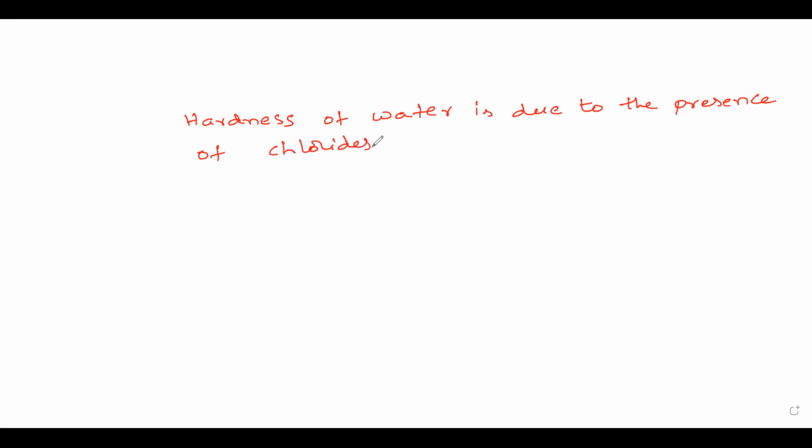So let us see now. Hardness of water is due to the presence of chlorides, sulfates and bicarbonates of magnesium and calcium.